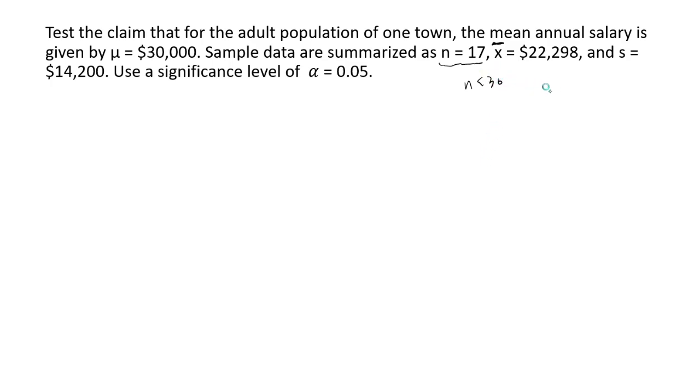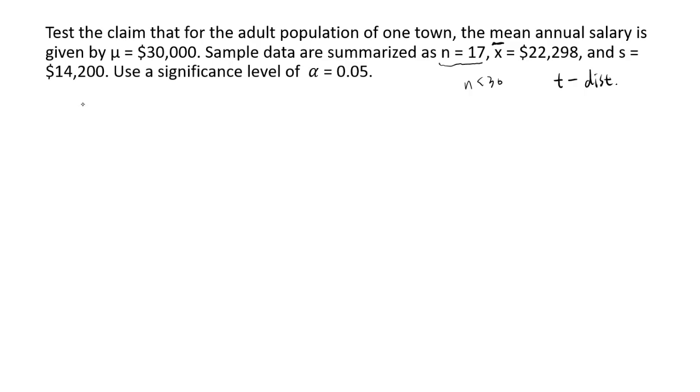And you're not given the population standard deviation, but the sample standard deviation, 14,200. So that means that we are forced to use the t distribution as opposed to the normal distribution. Keep that in mind. This would require a t distribution.